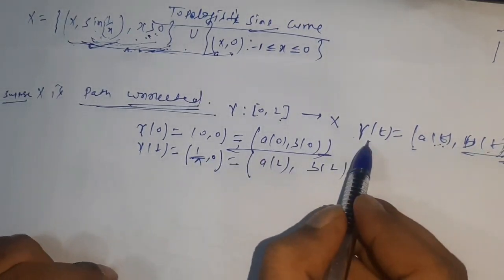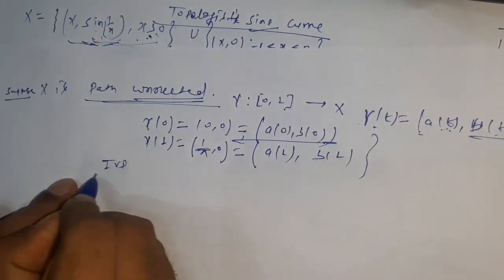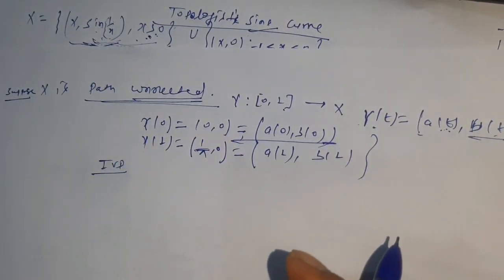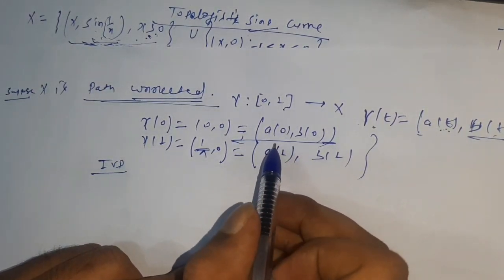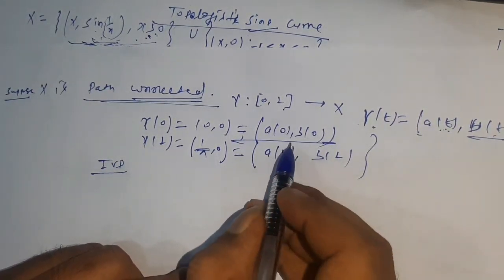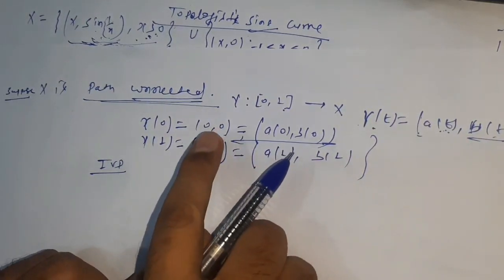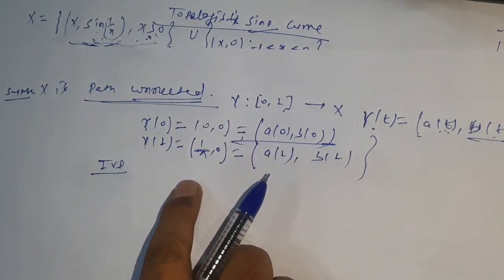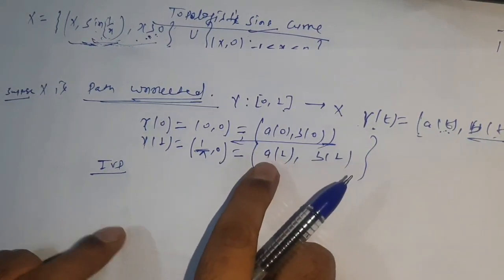Gamma is a continuous map. So by the intermediate value theorem, if gamma is a continuous map, then any point belonging to the range of the set has a pre-image under that function.